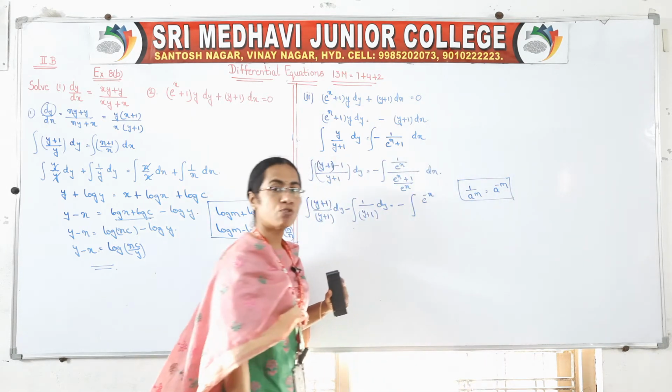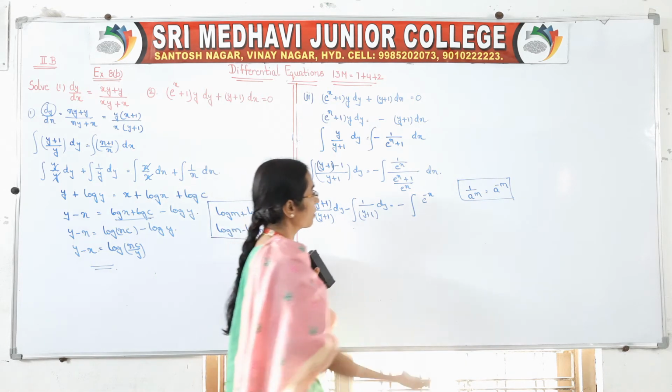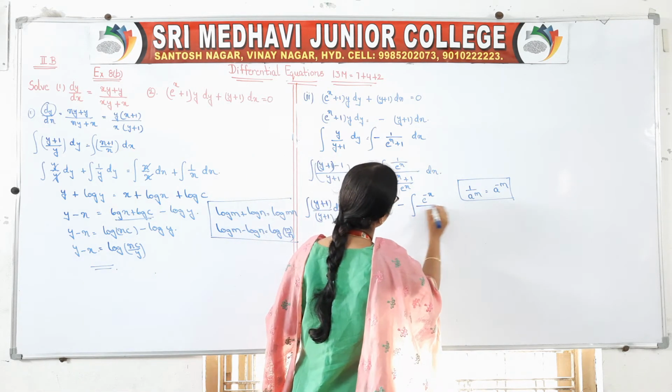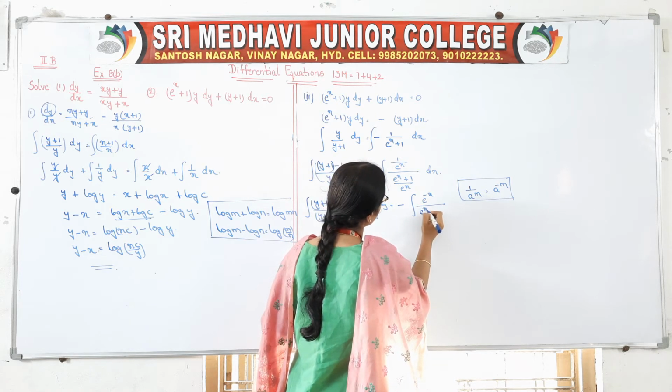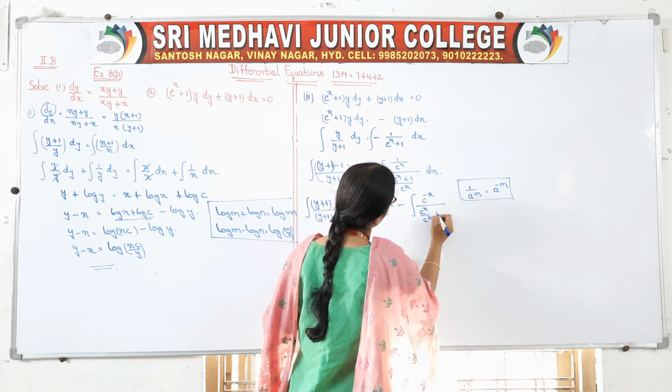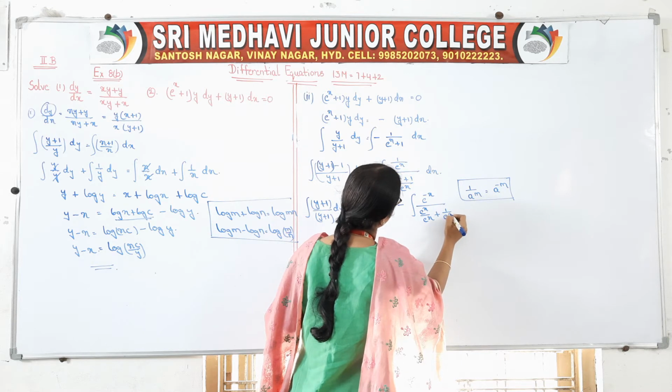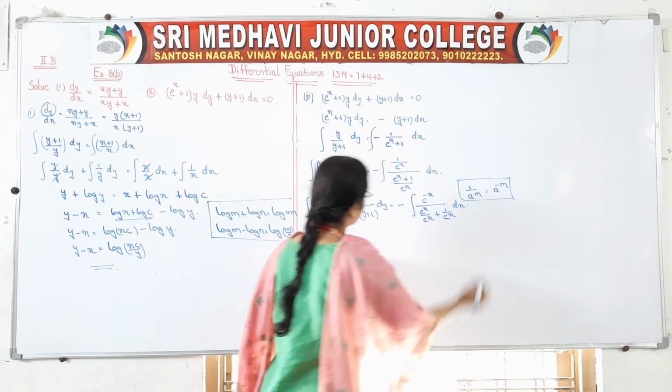It's a formula. So 1 by e to the power of x can be taken as e to the power of minus x, and here separate it, e to the power of x by e to the power of x plus 1 by e to the power of x dx.